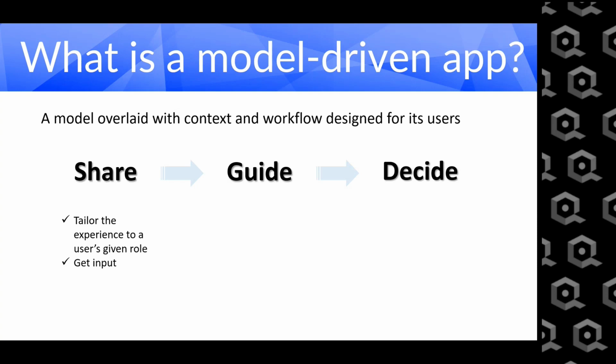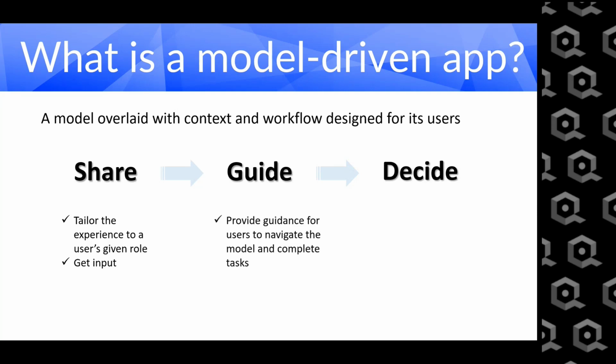Maybe you've got people in your organization who are going to be entering actuals or plans for budget, or maybe somebody needs to review scenarios or even create new scenarios. Or maybe, as has already been mentioned, you're sharing parts of your model with an external customer. All of those different groups of people probably want to see different things in the model, and you might even have a different method to convey that information to them. Model-driven apps can really help you do that.